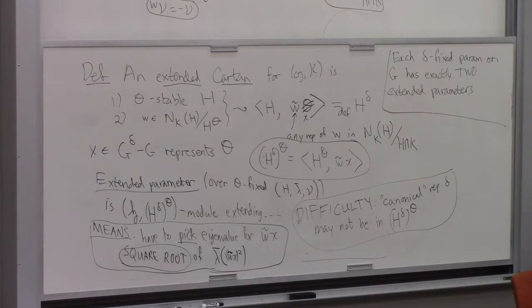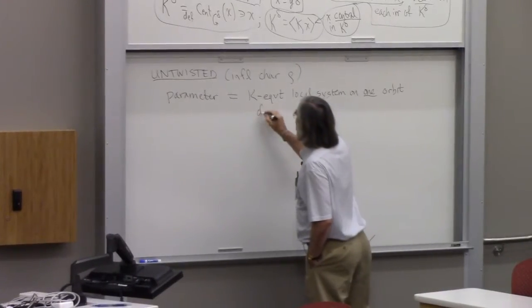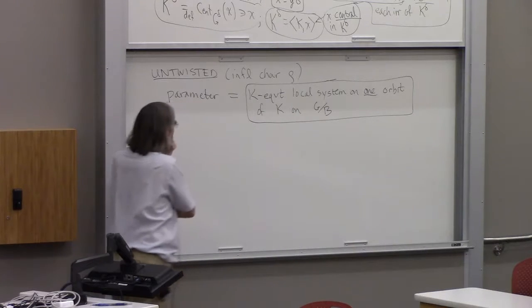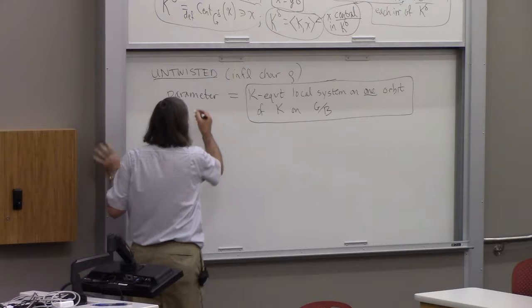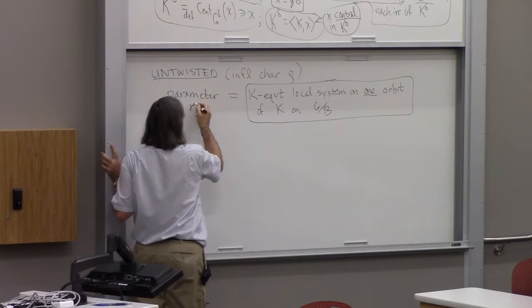So the untwisted version, at infinitesimal character rho, a parameter is the same thing as a K-equivariant local system on one orbit of K on G mod B. And maybe I'll call this gamma.